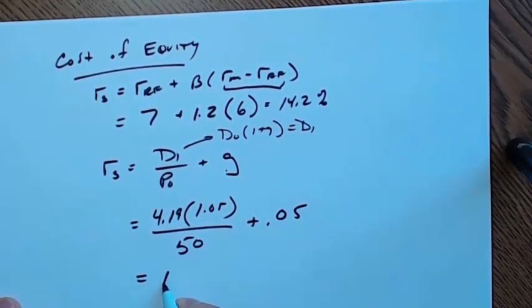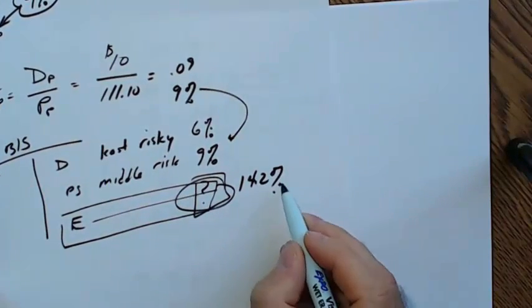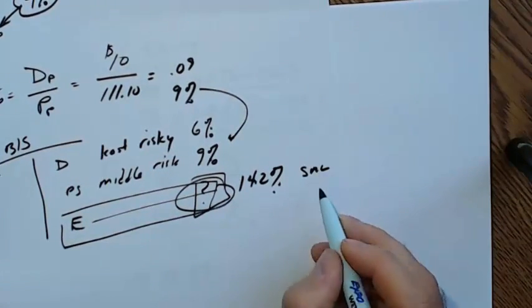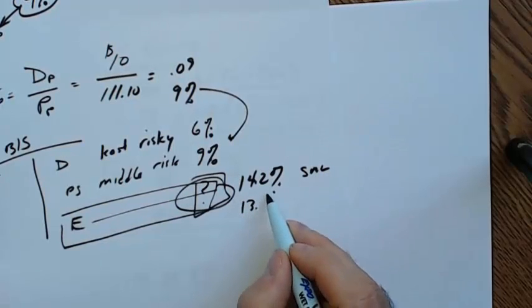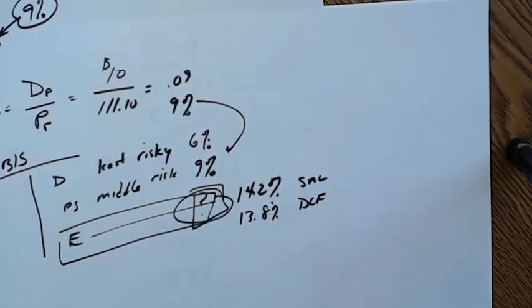And we get an estimate of 13.8%. Now, wait a second. Take a look at this. I just calculated using the security market line 14.2, and now I just made this 13.8% using the discounted cash flow method.